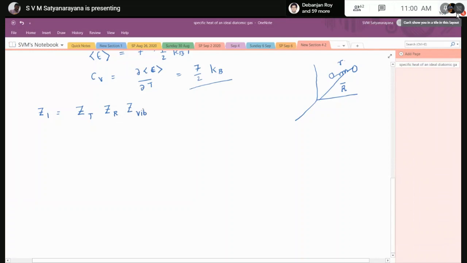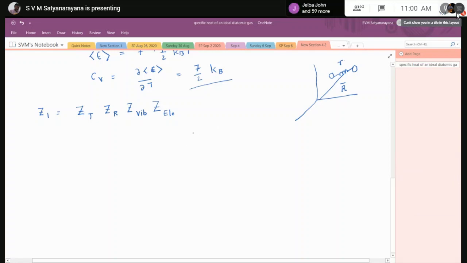Actually, there is another possibility. There can be a partition function for electronic degrees of freedom, that is, electron degrees of freedom inside this molecule. Now, depending on the temperature or the energy available to the system, whether electronic excitations are taking place or not. If electronic excitations are not taking place, that means for all practical purposes, the electron in each of these atoms is in the ground state only.